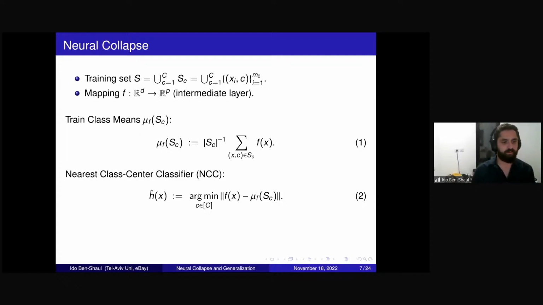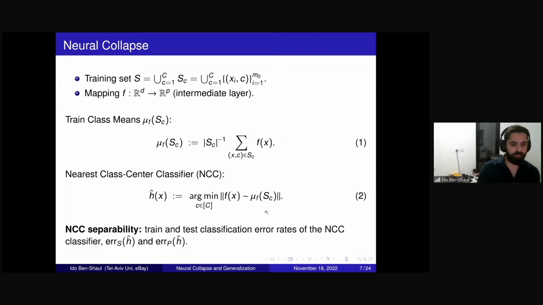And we can define the nearest class center classifier, or NCC classifier, h-hat. We take a sample, run it into this intermediate layer, and ask what's the closest trained class mean. This is a decision rule, so we can look at the test and train error rates and the accuracies. What neural collapse basically says is that in the penultimate layer, this NCC classifier is going to be identical to the network decision.